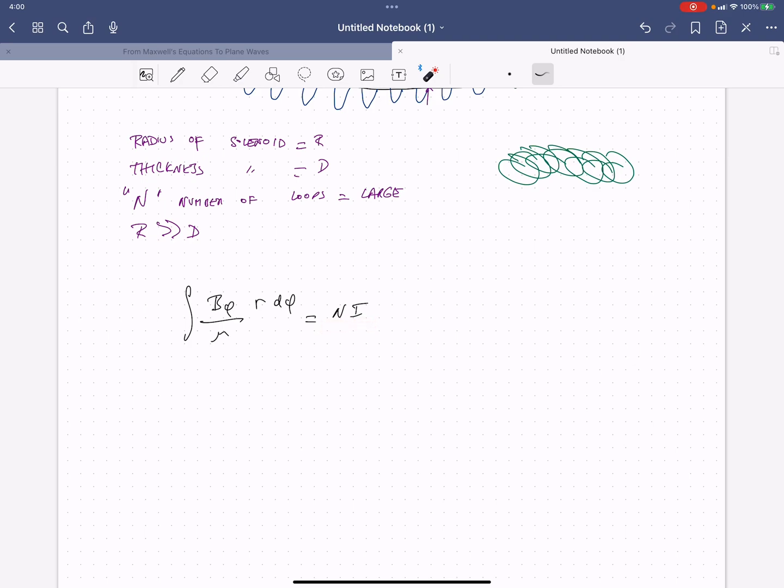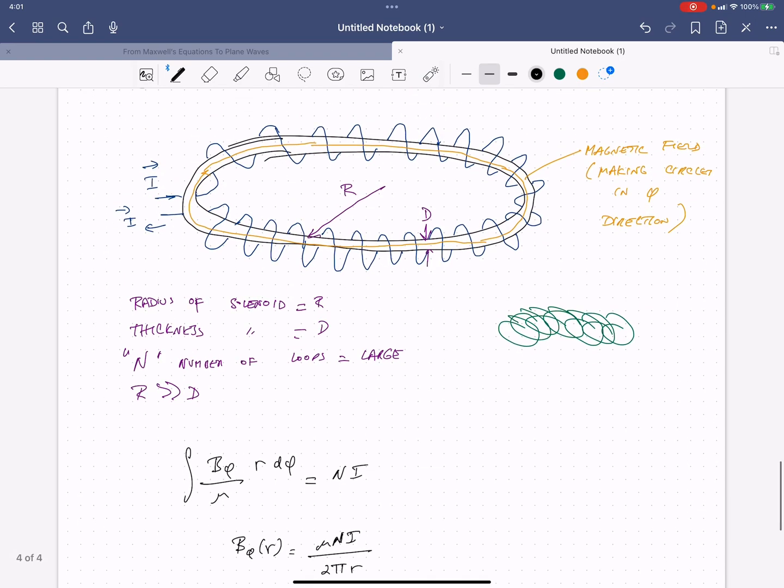From the magnetic field's view, it thinks it's got a bunch of currents going in loops. So B of phi of r is mu n i over 2 pi r.